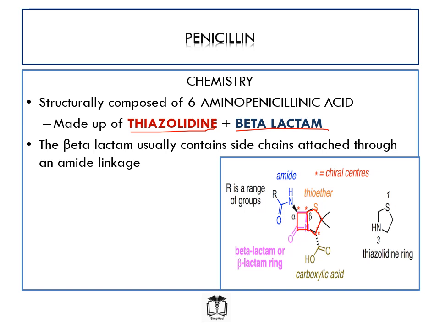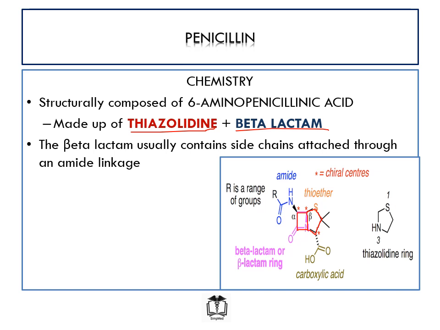Beta lactams usually tend to contain a side chain, and this side chain tends to be attached through an amide linkage. The side chain that we see on a penicillin tends to confer extra properties to the drug. And this is one way in which we can separate different forms of penicillin from one another.